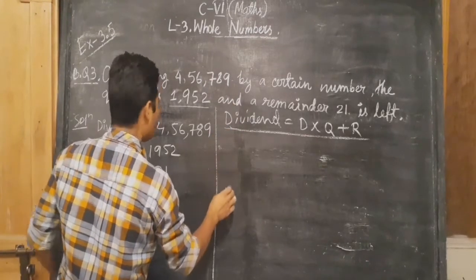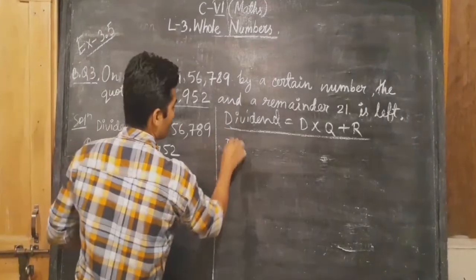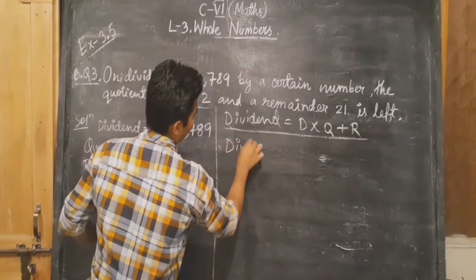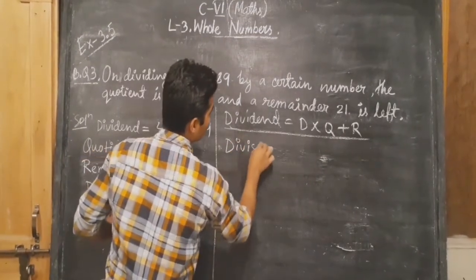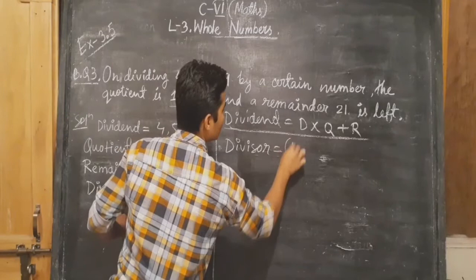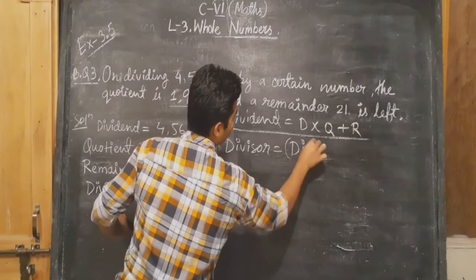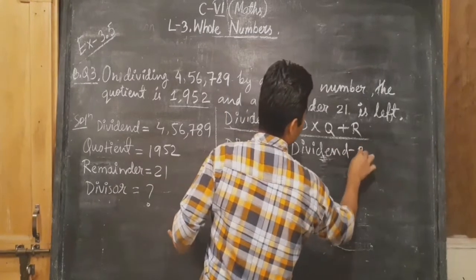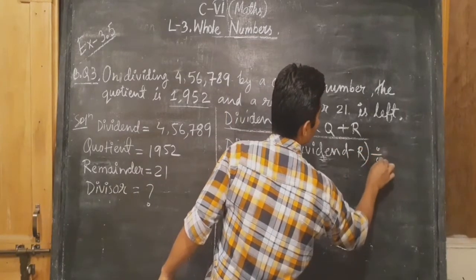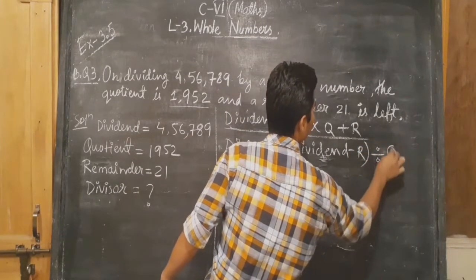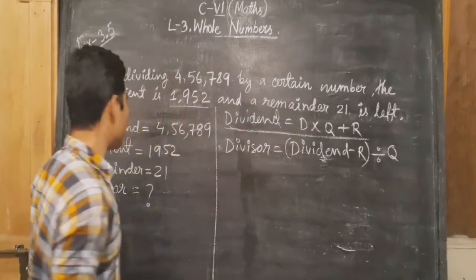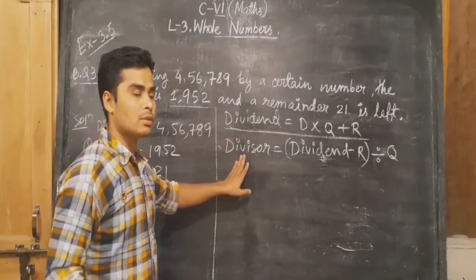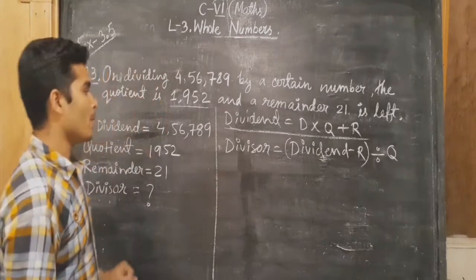That is, for finding divisor, we can write directly like this: divisor is equal to dividend minus remainder divide quotient. So for finding divisor, we can use this formula directly.